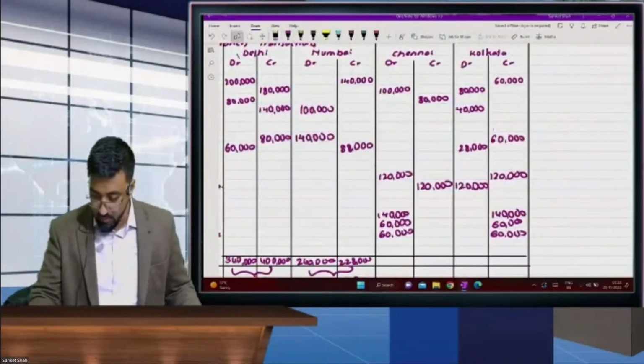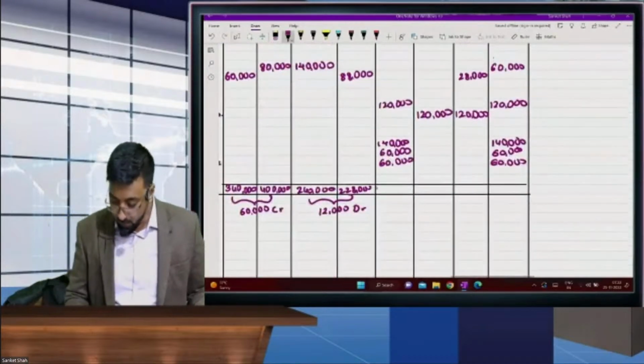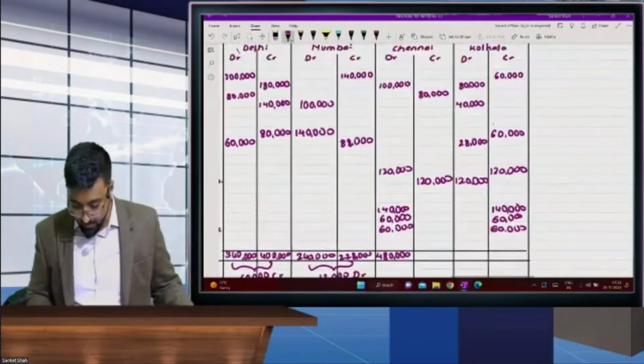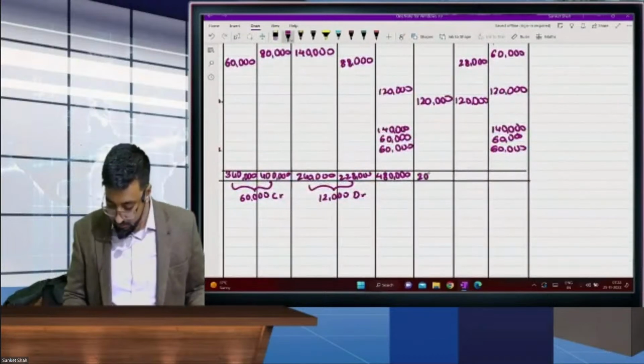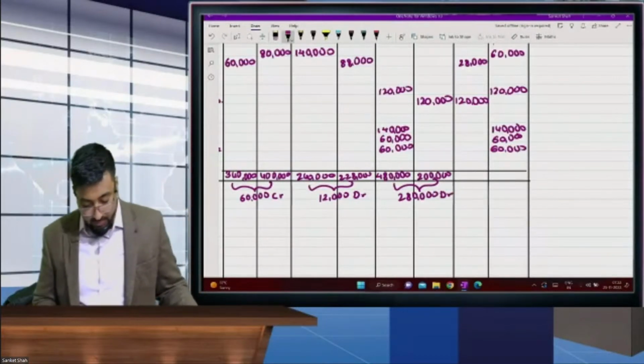Here 100 plus 120 plus 60 plus 60, 480 debit and 2 lakhs credit. So 2,80,000 debit.